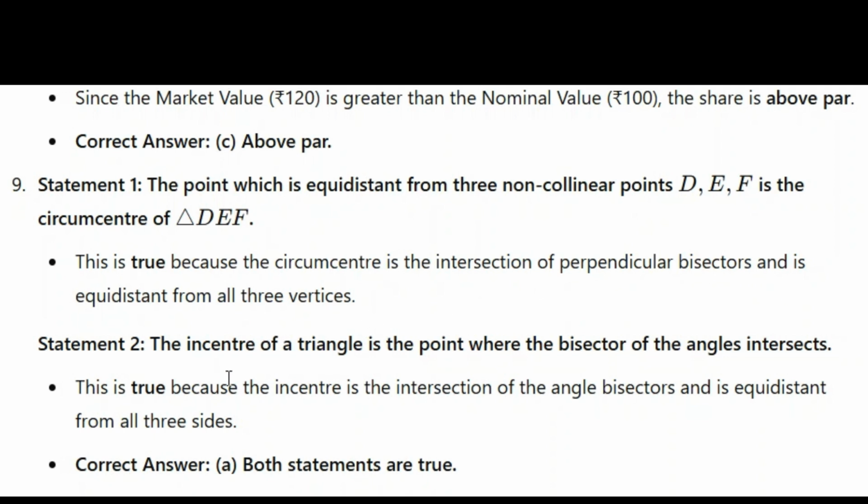The incenter of a triangle is the point where the bisectors of the angles intersect. This is true because the incenter is the intersection of the angle bisectors and is equidistant from the three sides. Incenter means equidistant from the three sides. Circumcenter means equidistant from the three vertices.